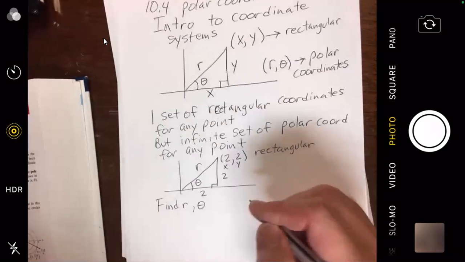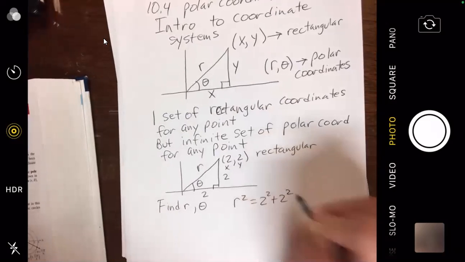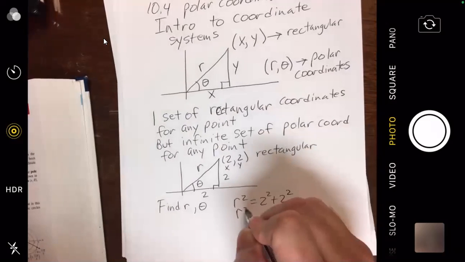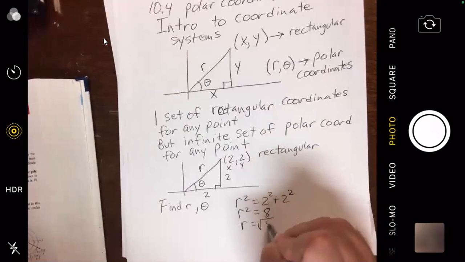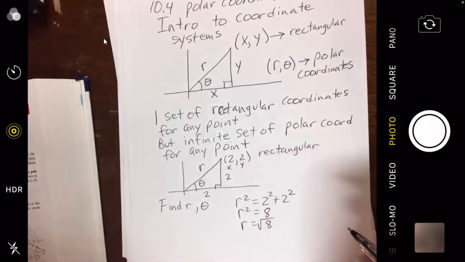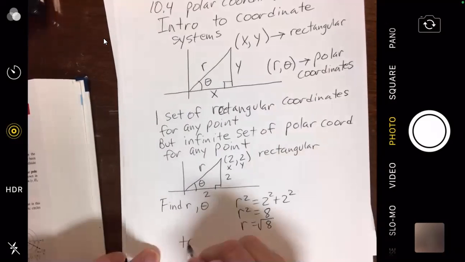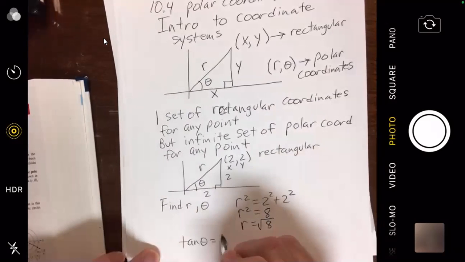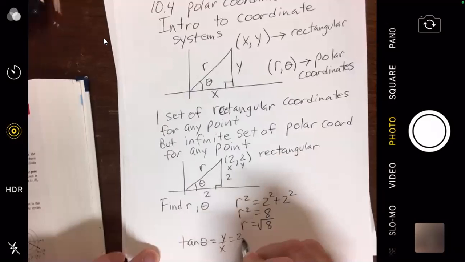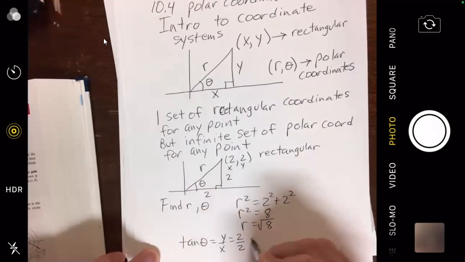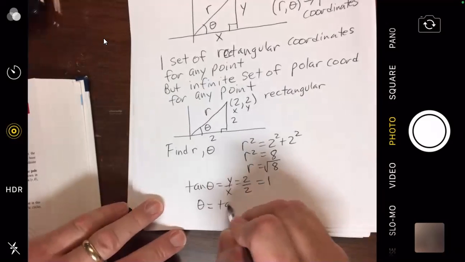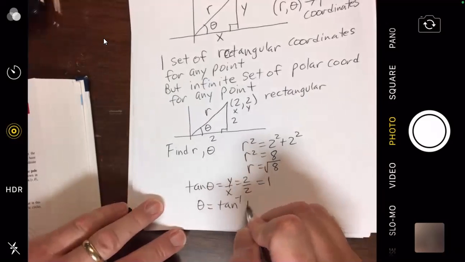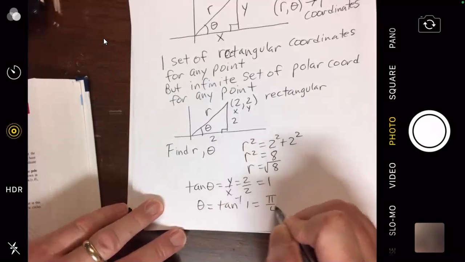R squared would equal 2 squared plus 2 squared, which means R squared equals 8. 4 plus 4 is 8, and R is the square root of 8. And you see the tangent of theta is y over x, which is 2 over 2, which equals 1. And theta then is arctangent of 1. You can tell that is pi over 4.